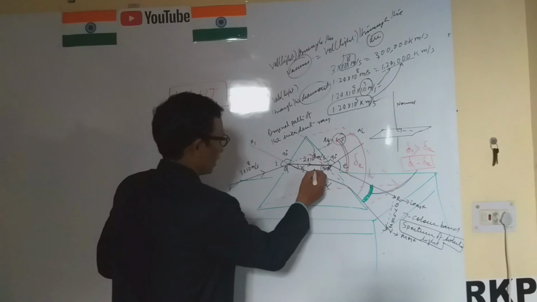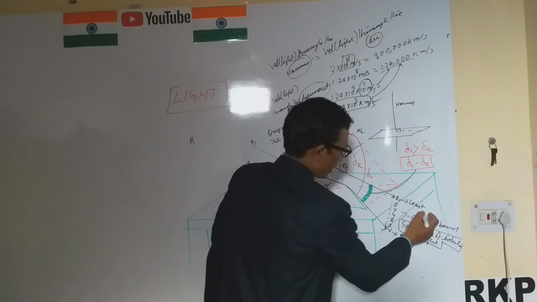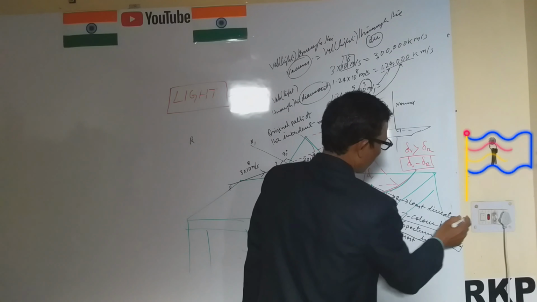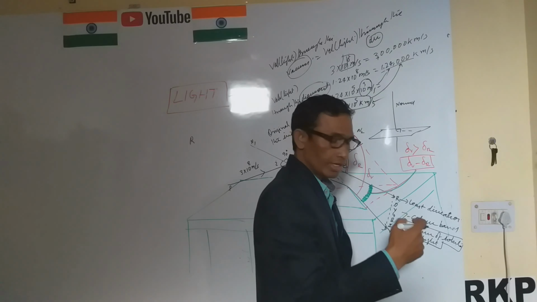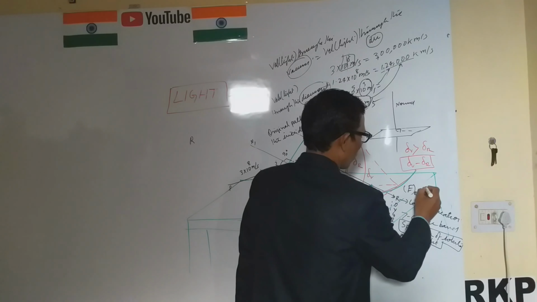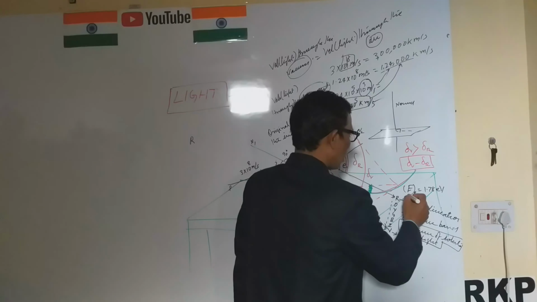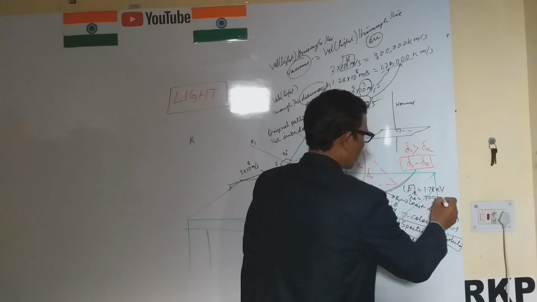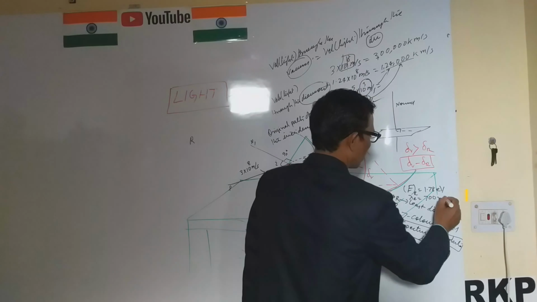Here is the red color. This is the least deviation. In the red color there will be the minimum deviation. The reason is here: the photon energy of red color is 1.78 electron volt, and the wavelength of red color is 700 nanometer.